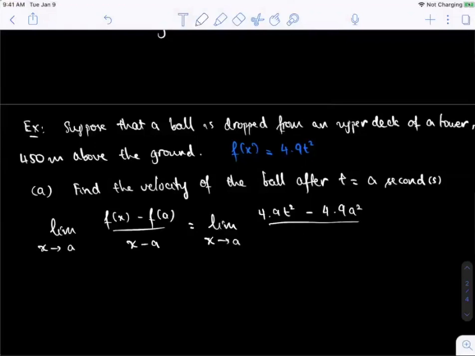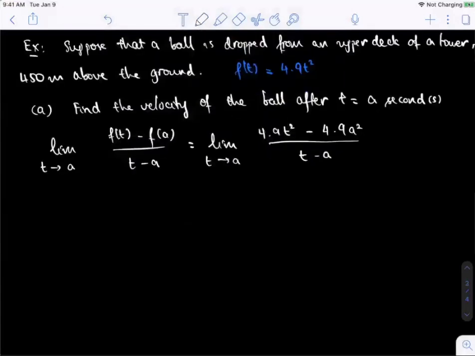Let me correct my notations here. This is t approaches a, t minus a, and this is of course f of t, sorry. If you use direct substitution, you will find out that you're going to get 0 over 0, which is an indeterminate form. So you need to do some simplifications before you can make the substitution.